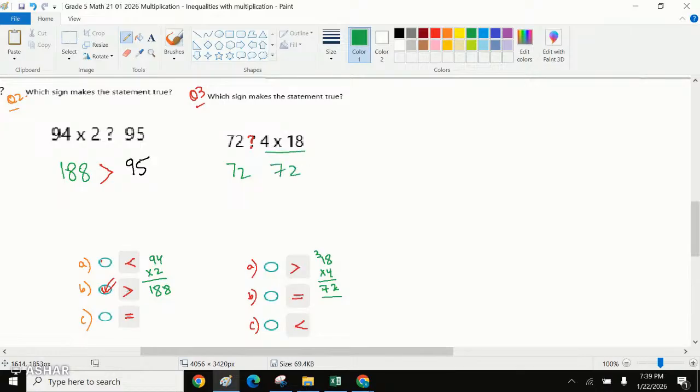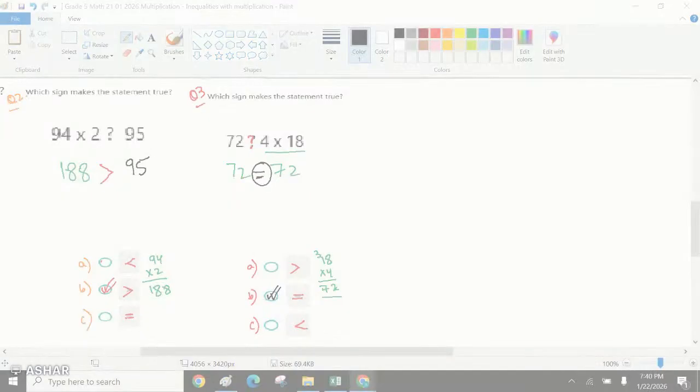When both the numbers are the same, we simply put an equal sign. That means option B is correct because it gives us an equal sign. Great. Another question.